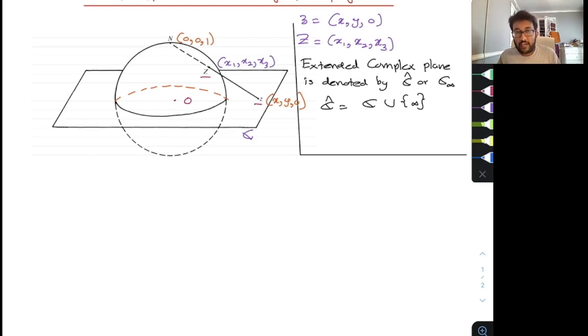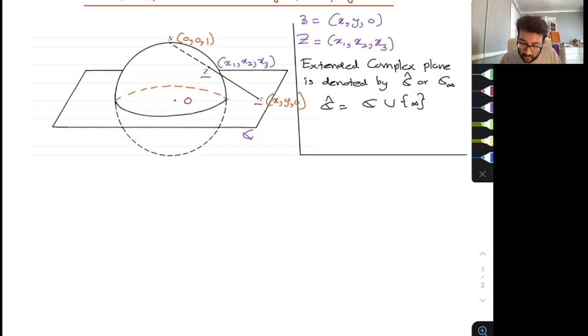Now we'll derive the expressions algebraically. I think the first thing that you need to have is a good intuition about what is going to happen. The thing is, we are drawing a line which connects the north pole and our complex number, and it hits the sphere. So we need to find the coordinates of that point capital Z, right?